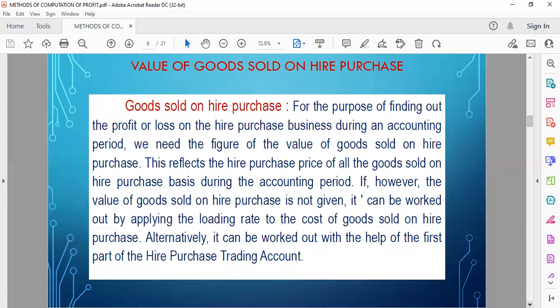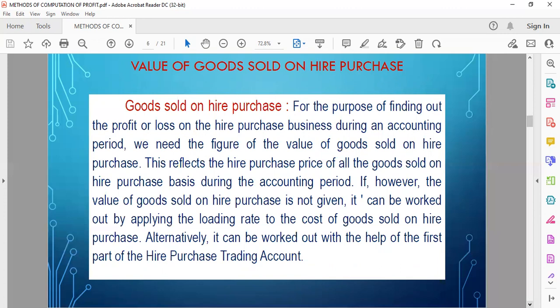Then we can see the goods sold on hire purchase. For the purpose of finding out the profit or loss on the hire purchase business during an accounting period, we need the figure of the value of goods sold on hire purchase.